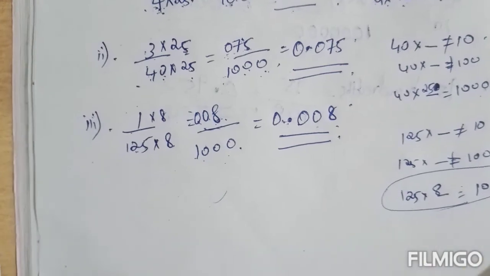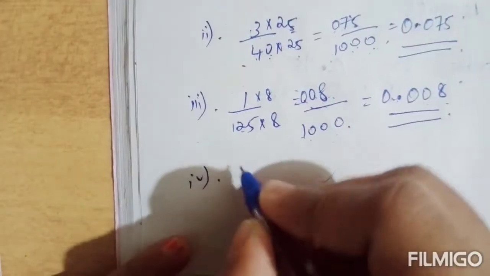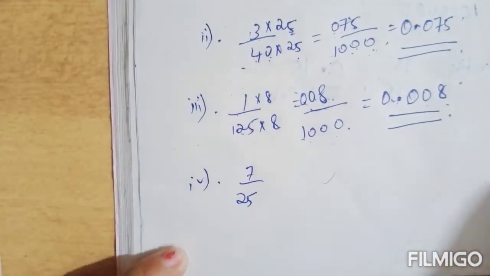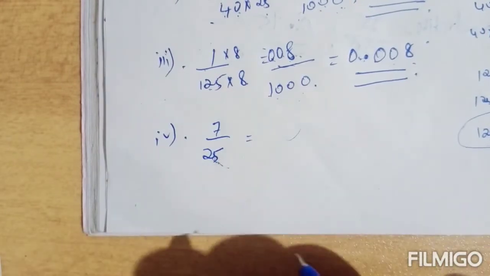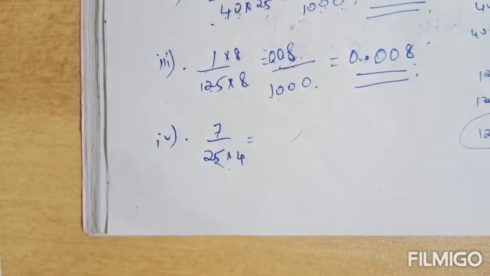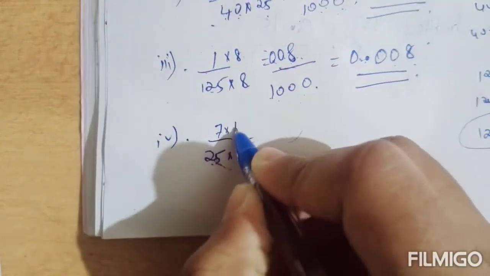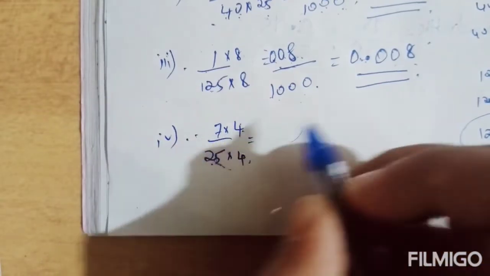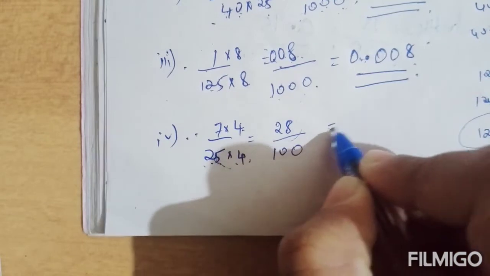Next, fourth one. 7 by 25. So the denominator is 25. We can't convert 25 to 10. Then 25 into 4 is 100. So 25 into 4, and 7 also you multiply by 4. 7 into 4 is 28, by 25 into 4, 100.